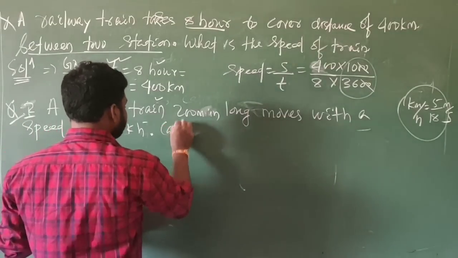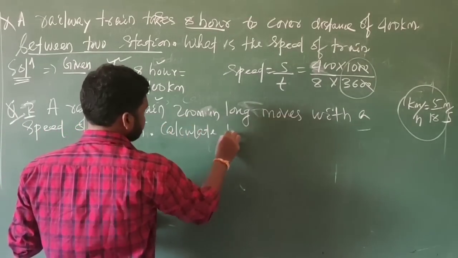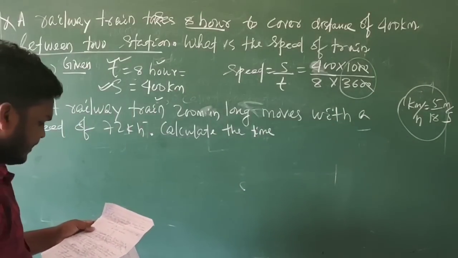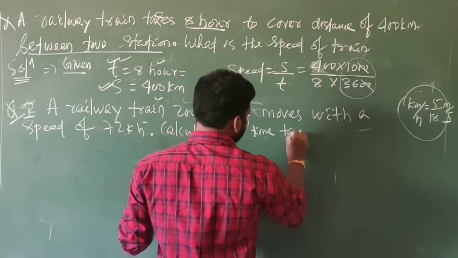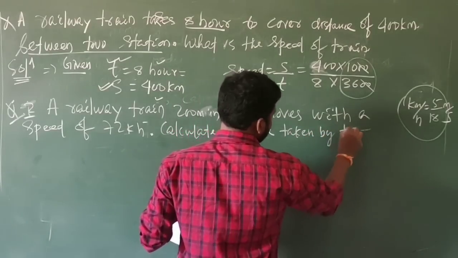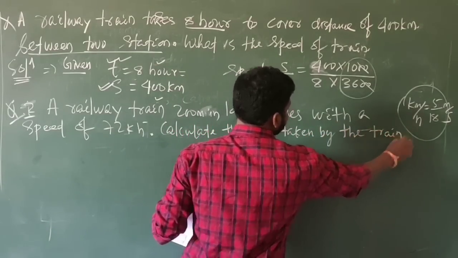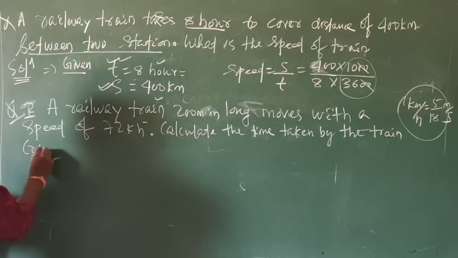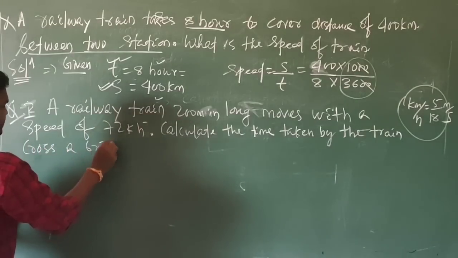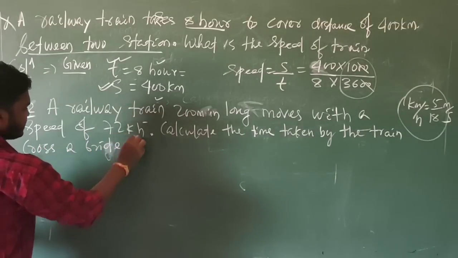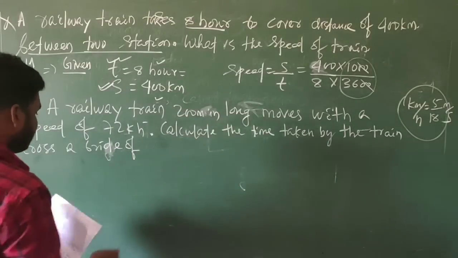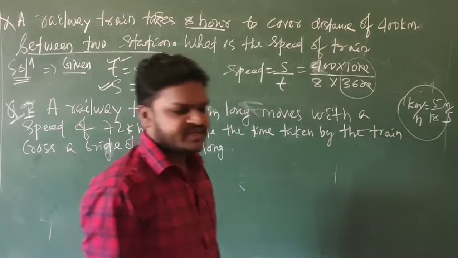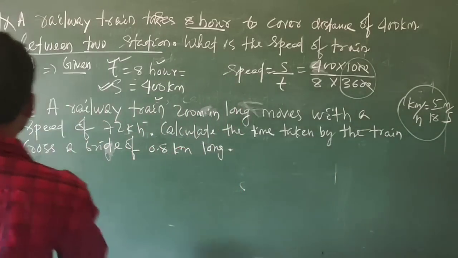Calculate the time taken by the train to cross a bridge of 0.8 km long. This is an interesting question. So please focus on this question.